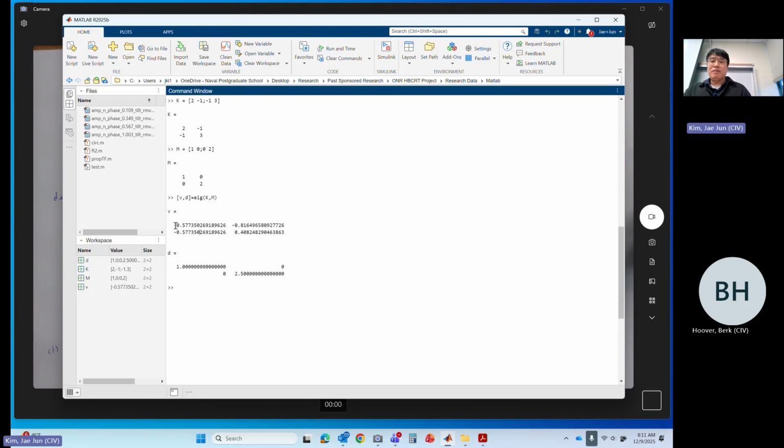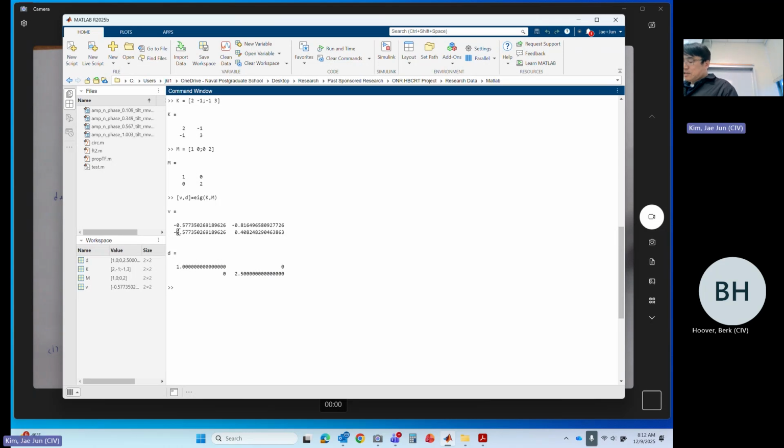I already mentioned that MATLAB gives you the normalized vector, meaning it normalizes with the length of the vector. So it's going to be like 1 squared plus 1 squared, so this is going to be 0.57735. And negative, I don't know how MATLAB computes this. It just normalizes it. It doesn't care about the direction. So your mode shape is not unique.